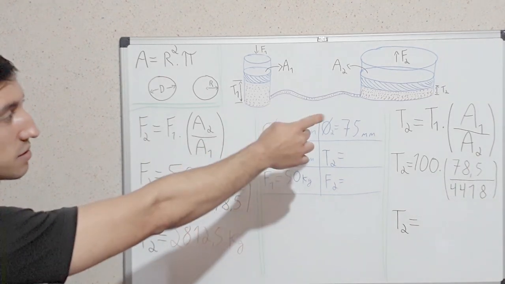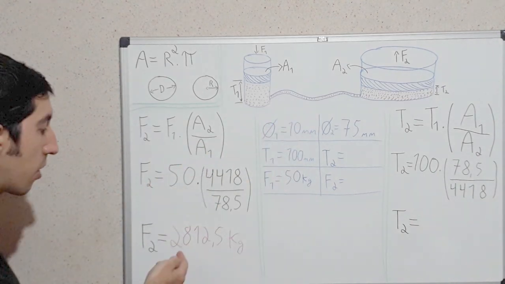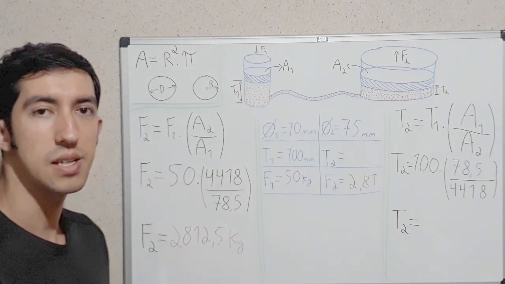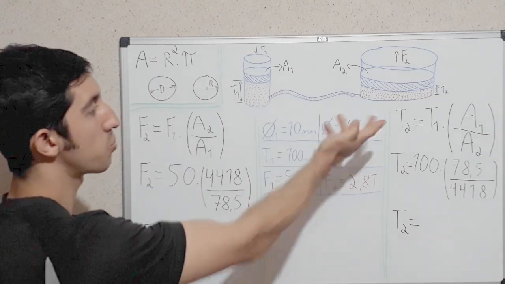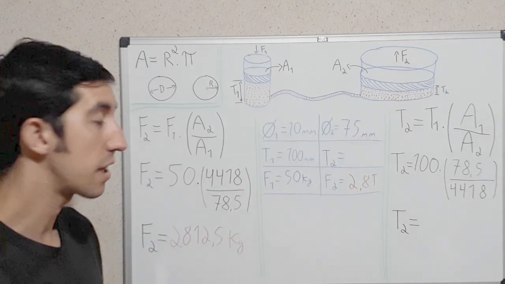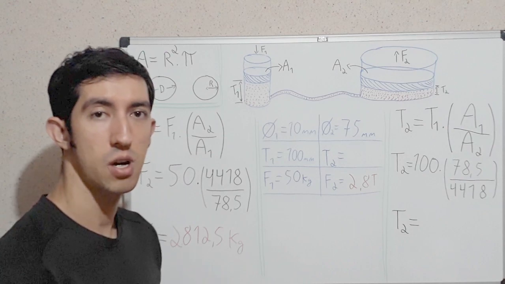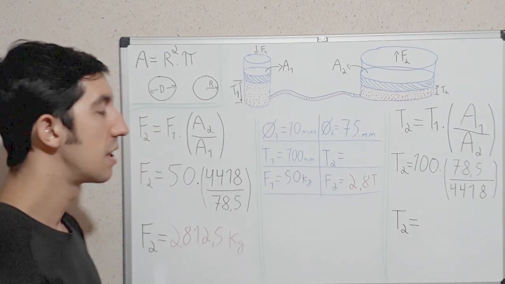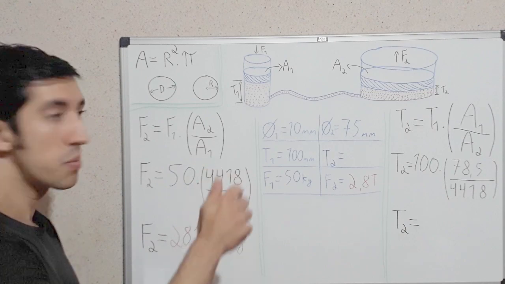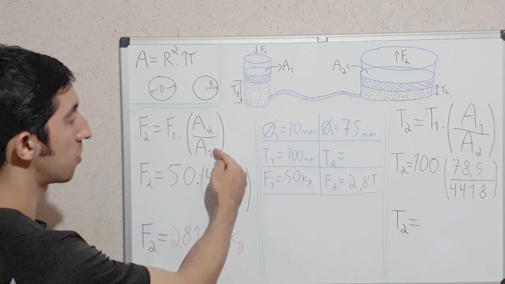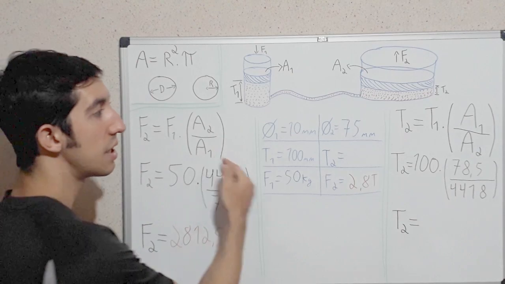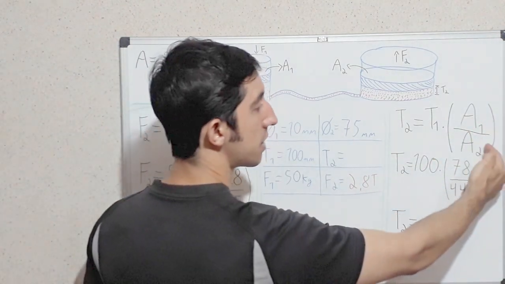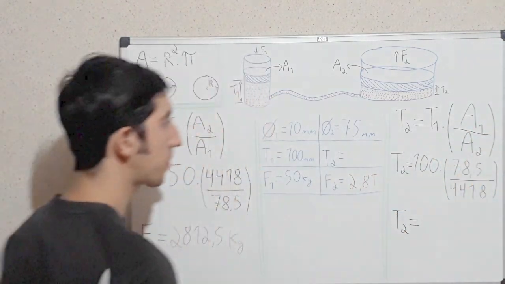The bigger the second diameter is, the bigger the force will be. Now we're gonna see how much the travel will be different in this case. To find the travel, the formula is very similar. The only thing that really changes is that we flip the area 2 divided by area 1, now we have area 1 divided by area 2.